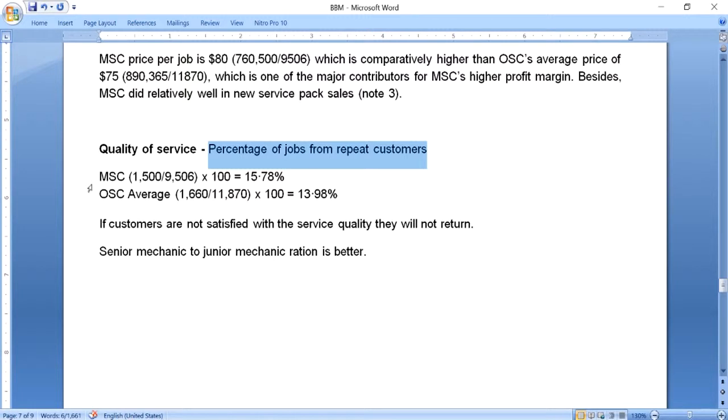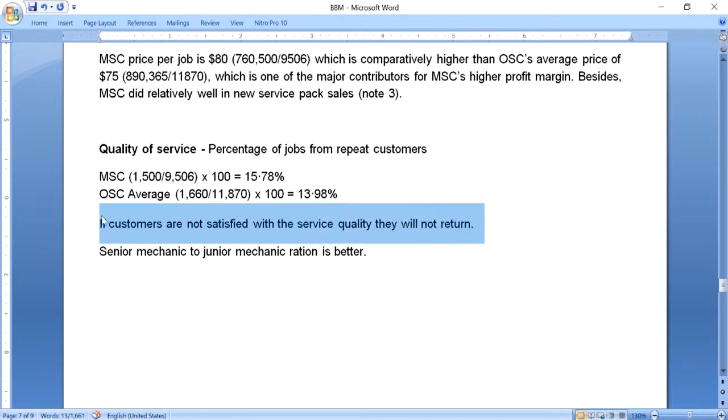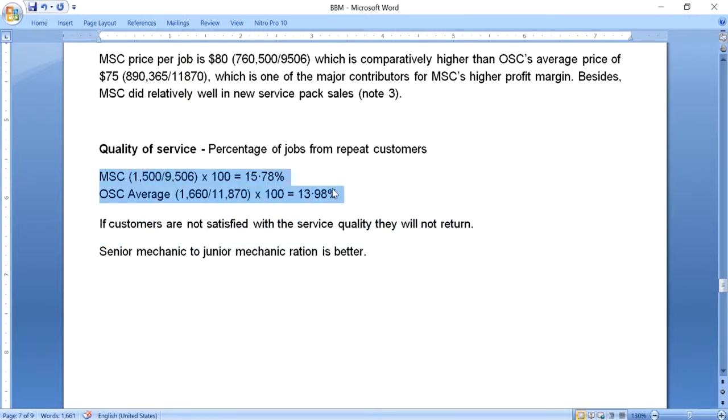Okay, so let's see the reasons. The point why I chose this measurement is this: if customers are not satisfied with the service quality, they will not return. As simple as that. Now from the calculation, we can see our percentage of jobs from repeat customers is obviously higher than the OSC average.